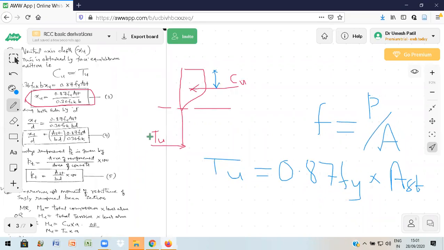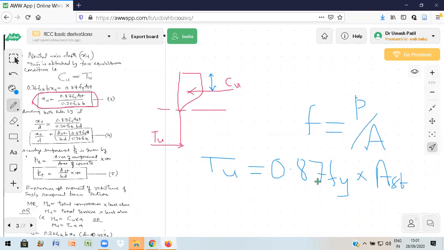Okay. Now I'll show here. Observe this. Any questions here? A very simple strength of material formula is used. This part is stress, this part is area. So P is equal to stress into area. This part is stress, this is the area of steel rods.